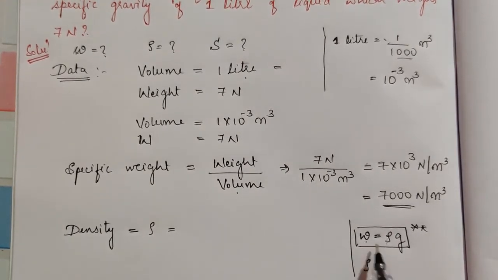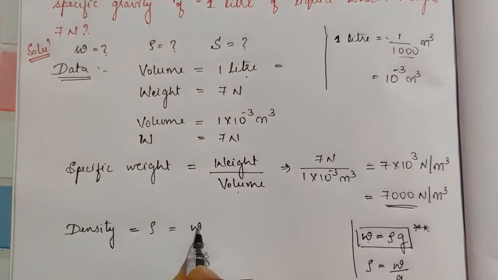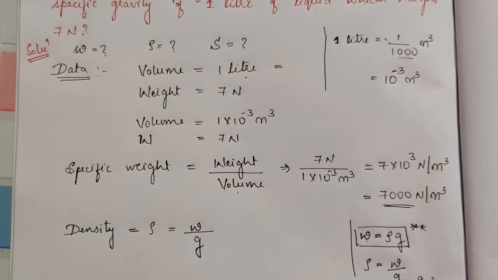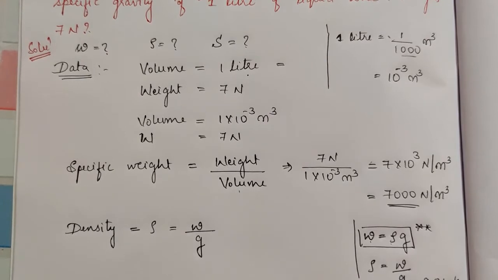Remember this. I want density, so density is specific weight divided by g, and g is 9.81 meter per second squared.